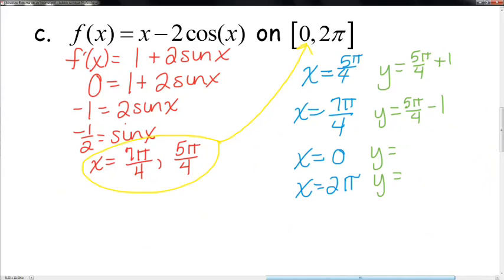When x equals 0, cosine is 1, so this will be 5 pi over 4 minus 2. And the same is true for cosine of 2 pi.